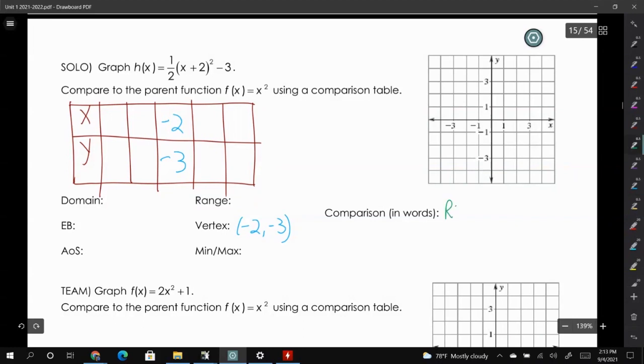And our comparison are, we have no reflection. Shrink or stretch, we have a vertical shrink. Translation, we are left 2 and down 3.